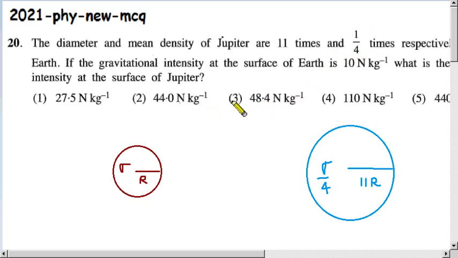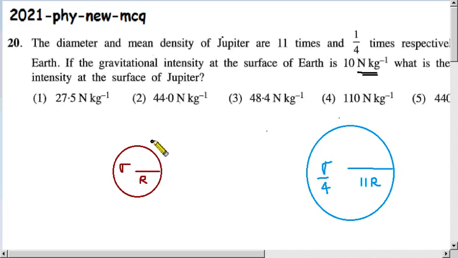Also they have given the gravitational intensity at the surface of Earth. Look at these units: 10 Newton per kilogram. Per kilogram, that means 1 kilogram.